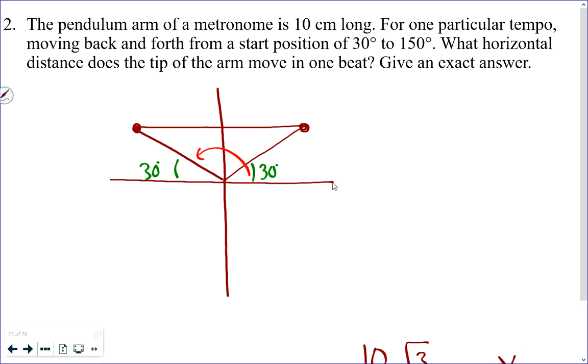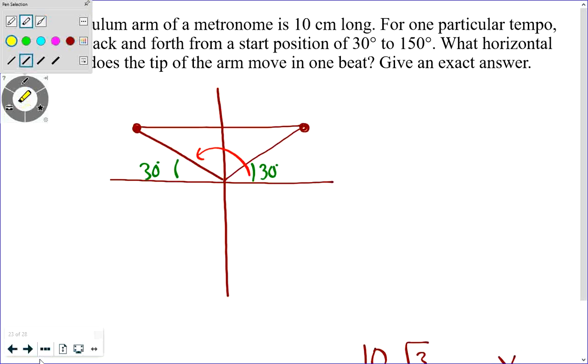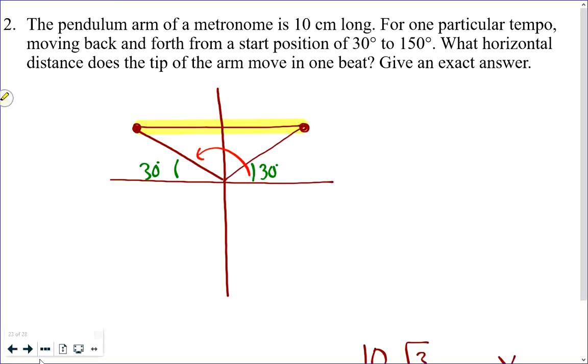What horizontal distance does the tip move in one beat? So what we're asked to find is how far horizontally the tip moves. We want to find that highlighted length. And this is what I mean by saying this is a Math 10 problem. Because all we have here is a triangle. Here's the triangle, and I'm going to peel away all of the unimportant information.